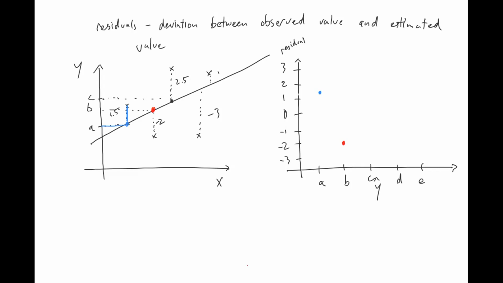And so on and so forth. So C would be, let's see, 2.5. Next one would be -3. And the next one would be 1. Okay. So this is like a simple example of how a residual plot is put together, right?